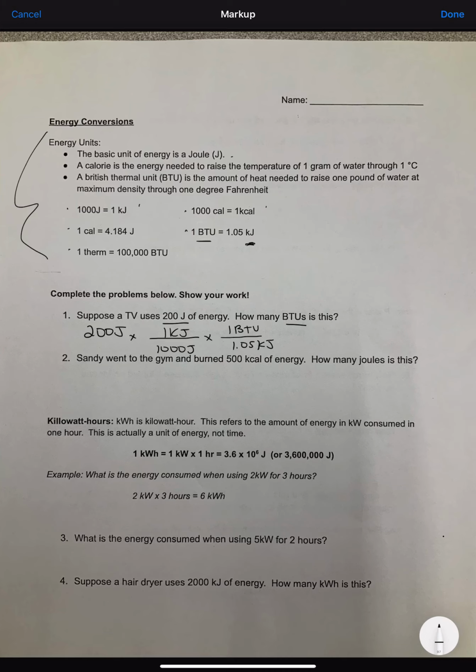So the horizontal line means that it's equal to. So 1 kilojoule equals 1,000 joules, 1 BTU equals 1.05 kilojoules. And we're setting it up in this fashion so that these can be canceled out, so that the final unit will be BTUs.